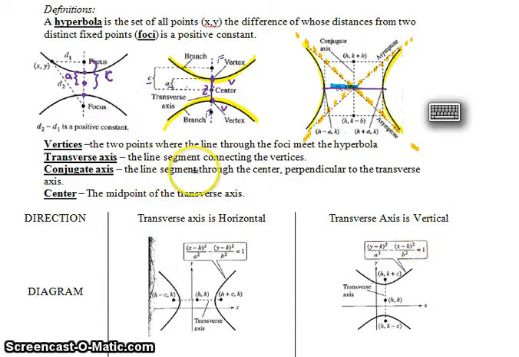And the conjugate axis is the line segment through the center, which is perpendicular to the transverse axis. I'll highlight that in green.